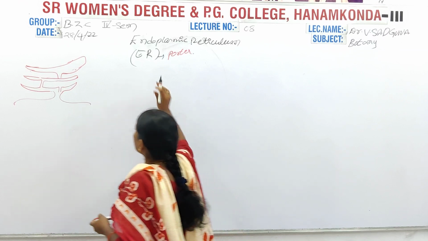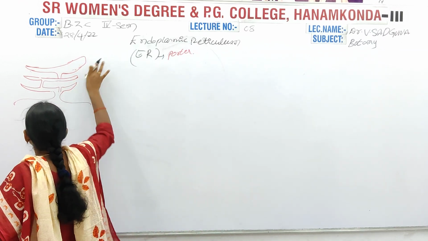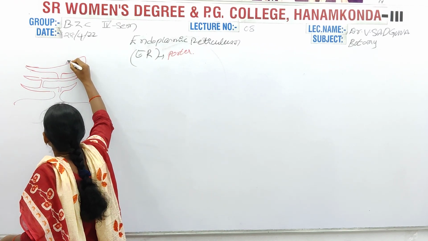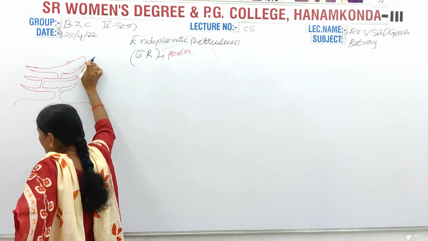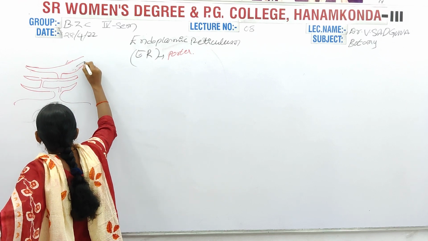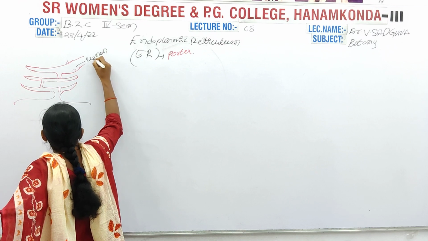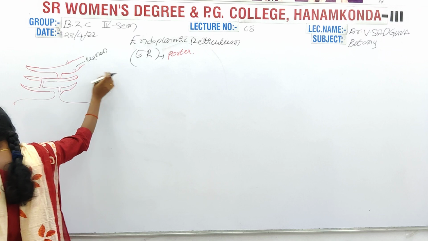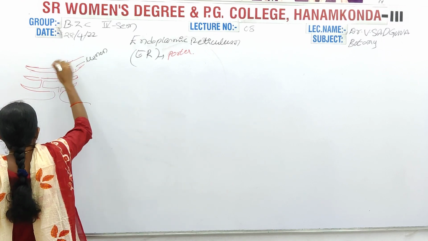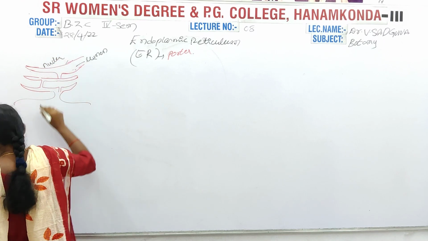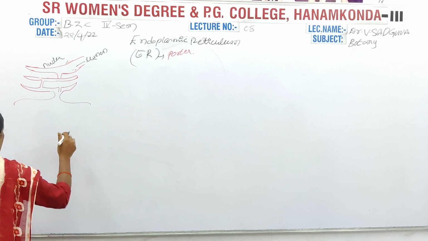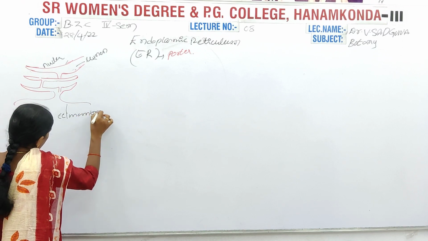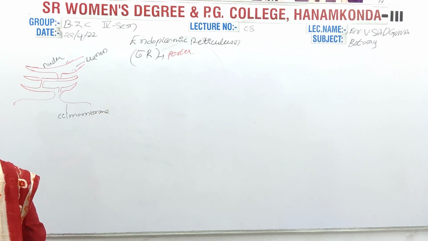It has a two-layered structure. The space inside the layers is called the lumen. Then another layer is the nuclear layer, and then the cell membrane.